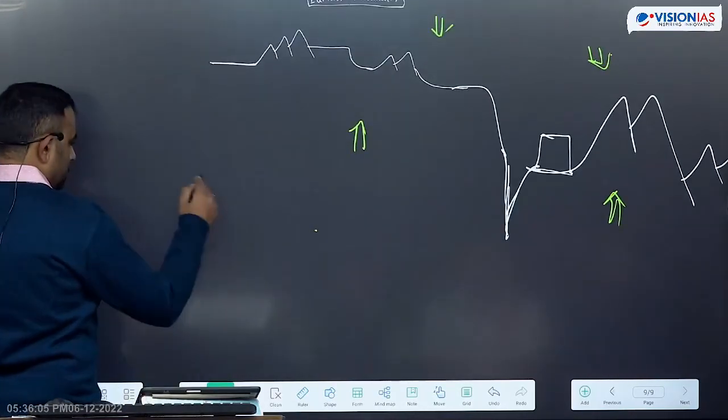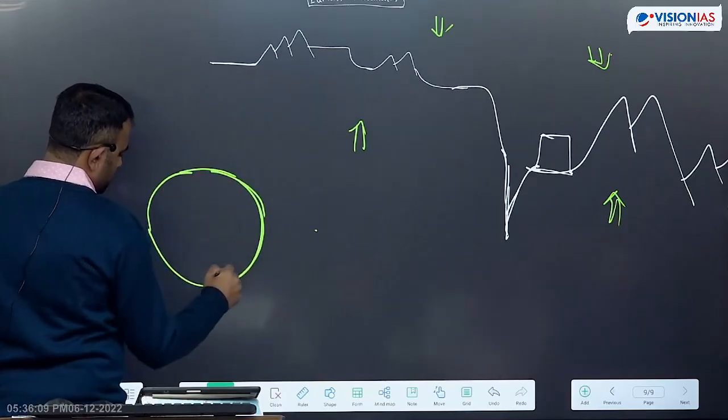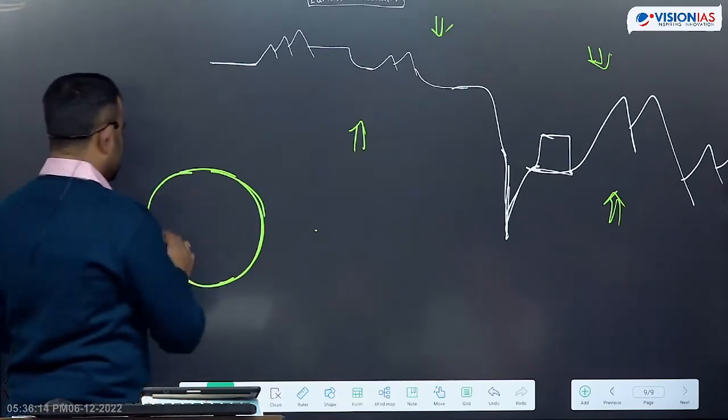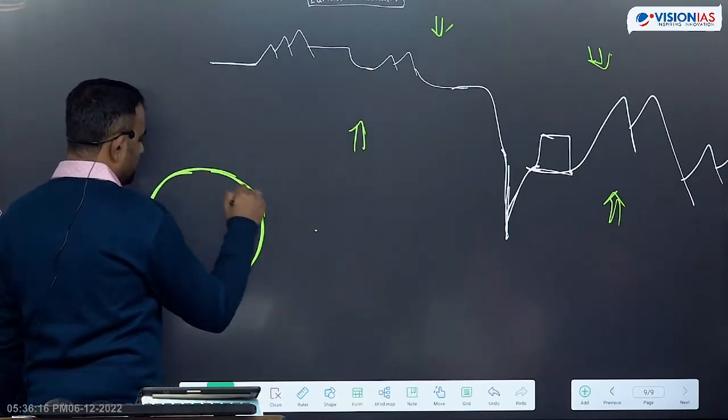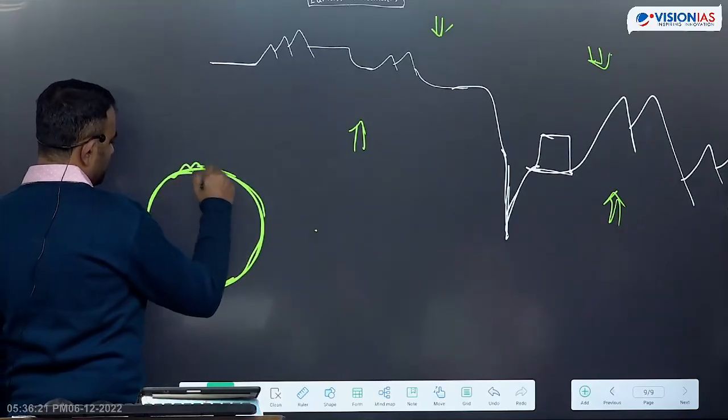Even if you represent the earth in an almost circular manner, there is no uniformity, because the earth is so big that the irregularity becomes negligible. But on the surface there is so much variation. Sometimes it is mountain, sometimes plateau, sometimes plains.